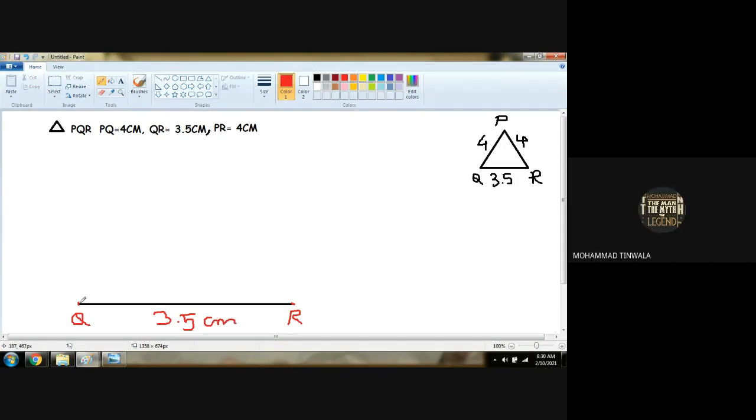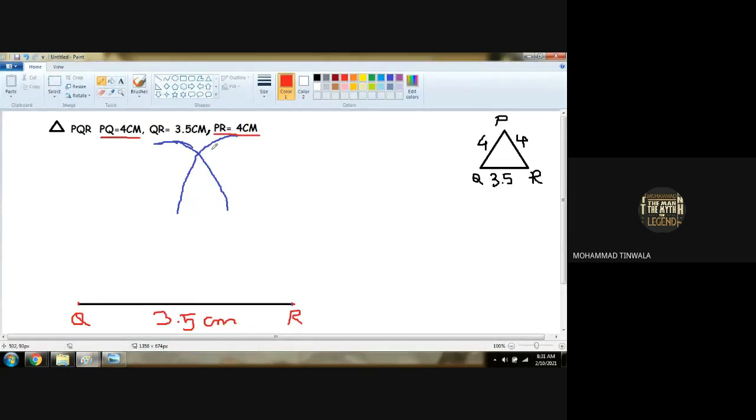Yes, sir. Now open your rounder and pencil with scale. Measure with scale as 4 centimeter exactly. By taking center point Q, draw an arc on the top with 4 centimeter. With the same measurement, draw an arc from the top with 4 centimeter from R, because both PR and PQ are 4 centimeter.